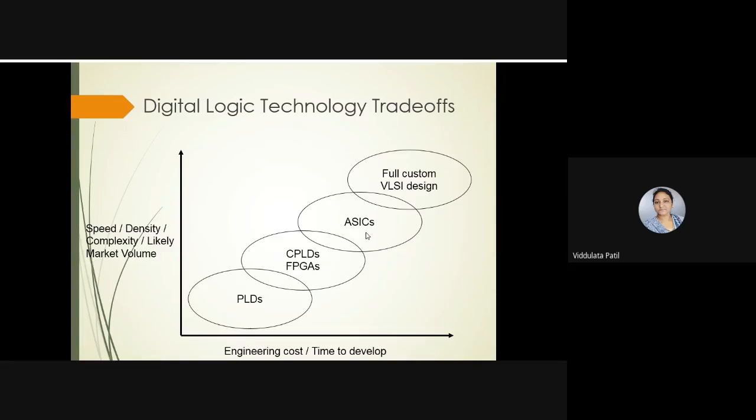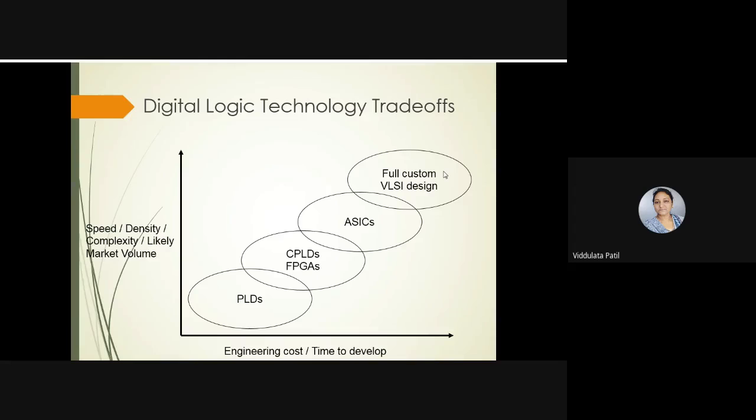Again, if you are moving towards ASIC, that again improves your speed, but you have to suffer on the cost as well as the time to develop. And then the full custom VLSI design will have a very good speed, it will accommodate very complex circuitry, with a very large density of gates present in that circuit, but at the same time you need to have a trade-off in the engineering cost as well as the time to develop.